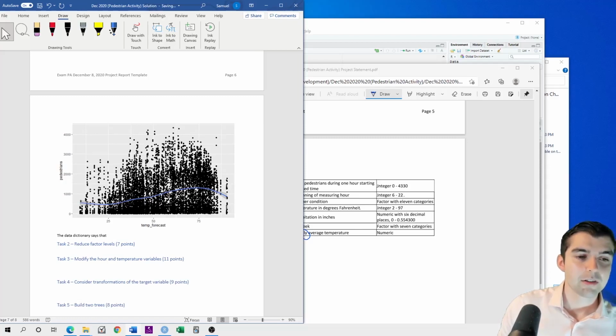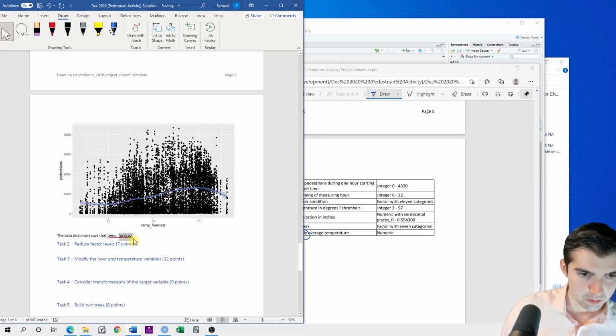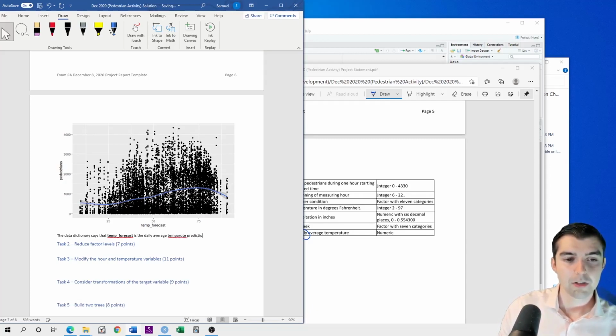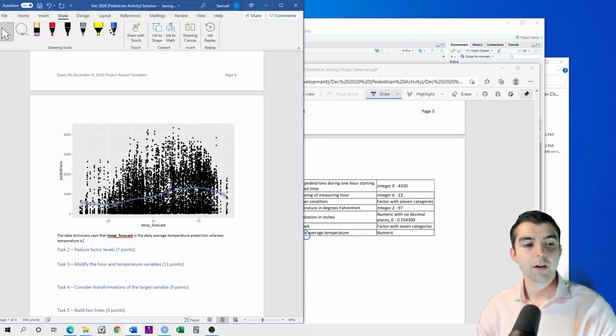The data dictionary says that temp forecast is the daily average temperature prediction, whereas temperature is on a hourly level.